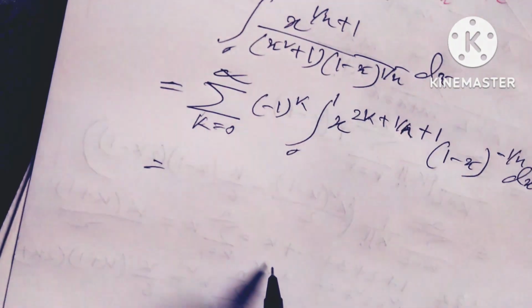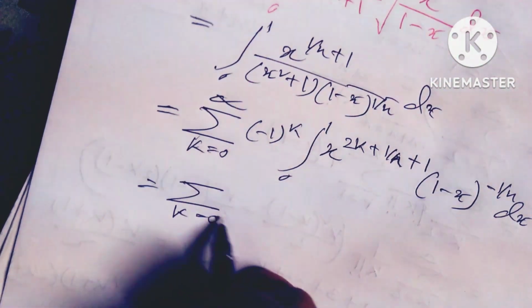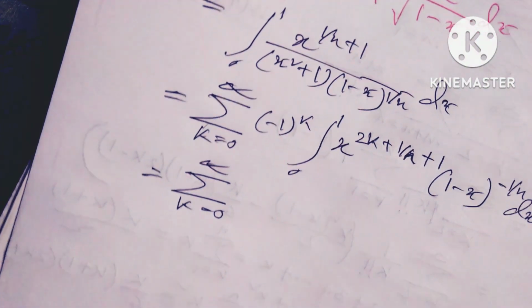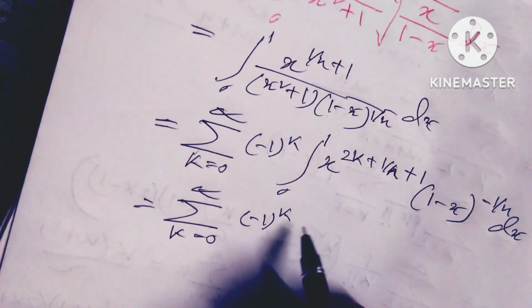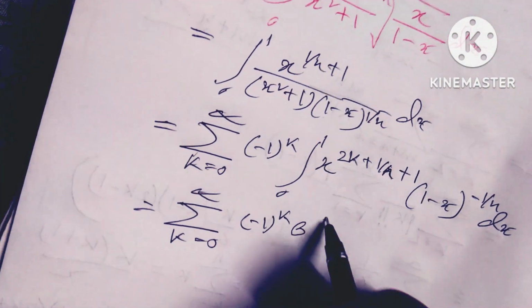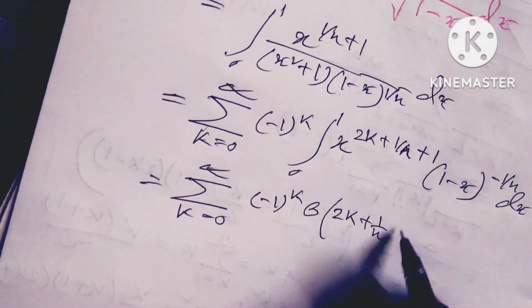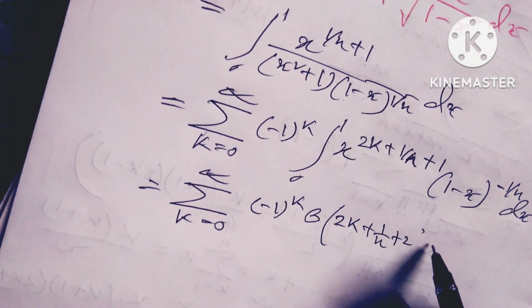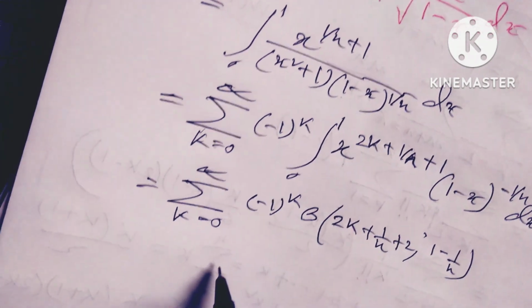After that it can be written as the summation k equals 0 to infinity of minus 1 to the power k beta of 2k plus 1 by n plus 2 comma 1 minus 1 by n.